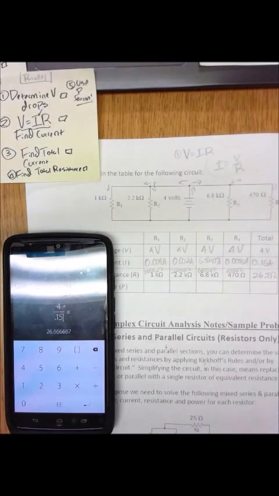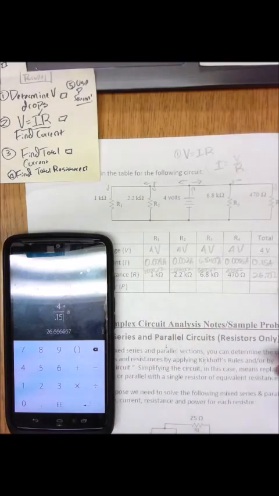So by providing different paths for the current to travel by, we've really dropped the overall resistance of the circuit.